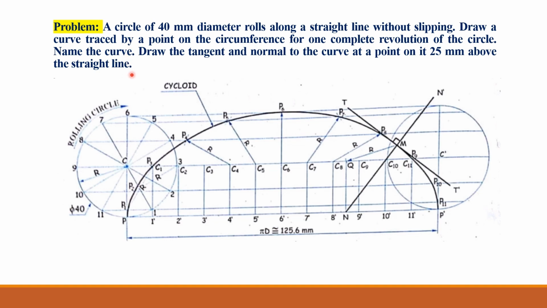So after reading this problem, first of all, you have to understand what is given in it. So see, here this is a rolling circle whose diameter is given, that is 40 mm, and this rolling circle rolls along this straight line without slipping.